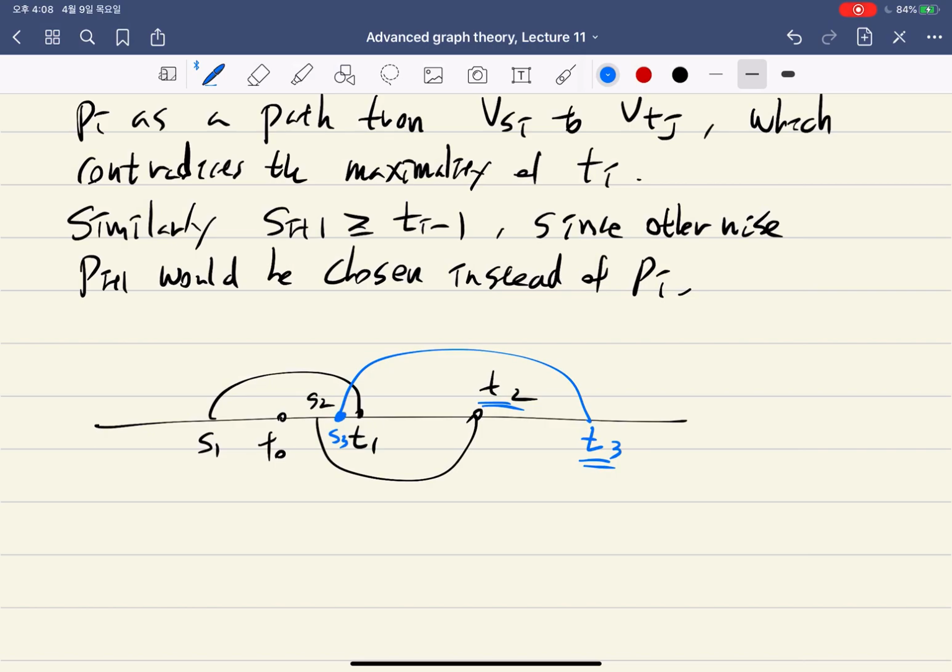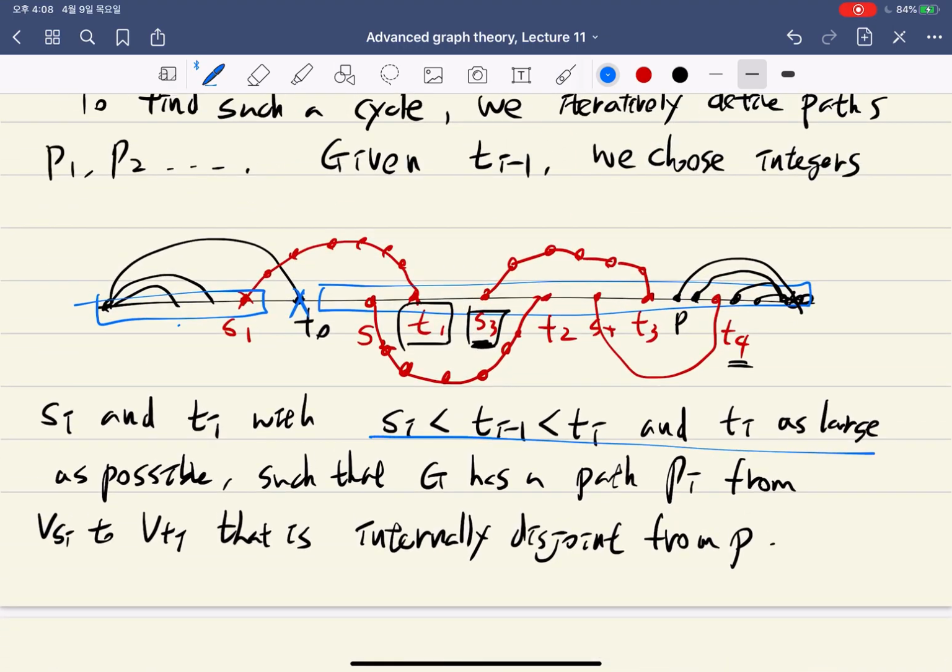But if T3 is still smaller than T1, then this also satisfies the condition. Let's say this is just A, B, where A is between T1 and B is further than T2. So this satisfies the condition of this.